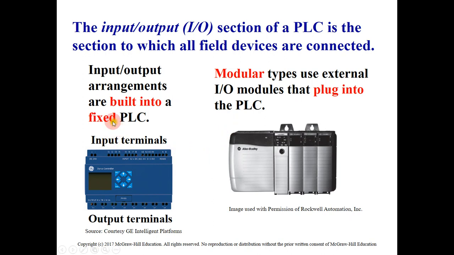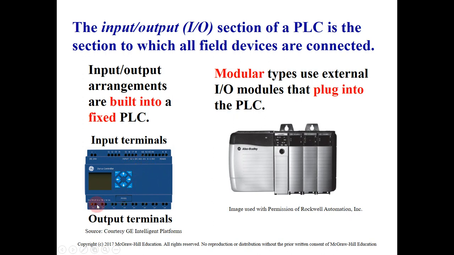Here, as we can see, we have two types of the PLC we already mentioned in chapter 4. One is the fixed type, one is the modular type. For the fixed type PLC or the small PLC, we can find the input-output interface. Here is the input, for example, and here we can see the output.